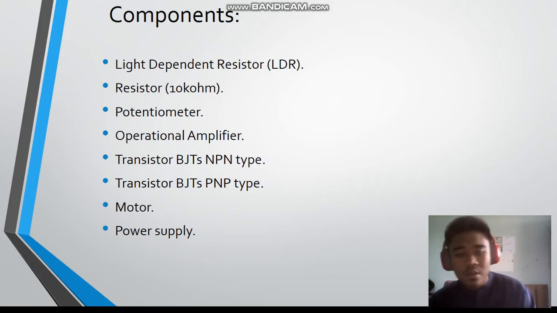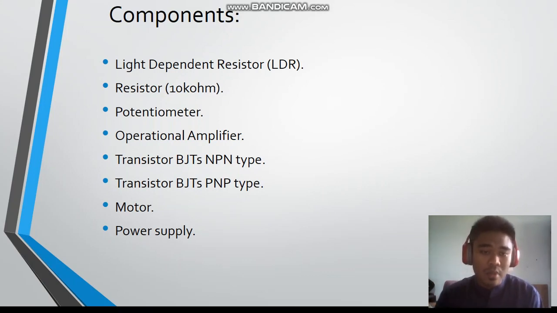We use two operational amplifiers. Then we use a BJT NPN transistor and a BJT PNP transistor, two of each. The main one, we use a motor as a load, and of course the power supply. We use a 9 volt battery.